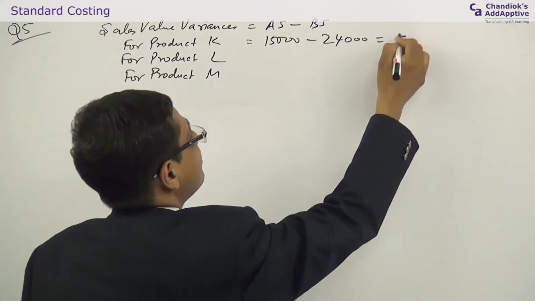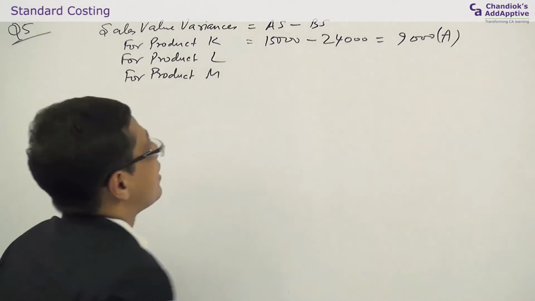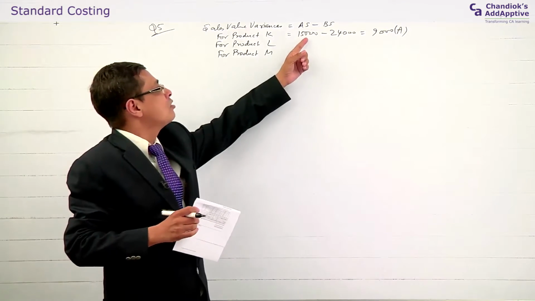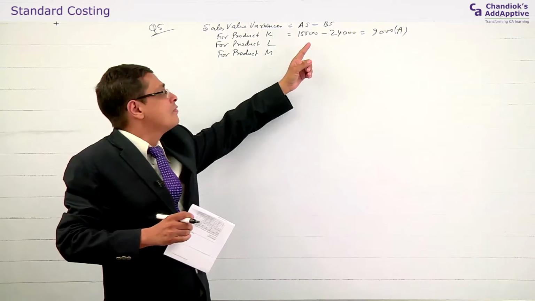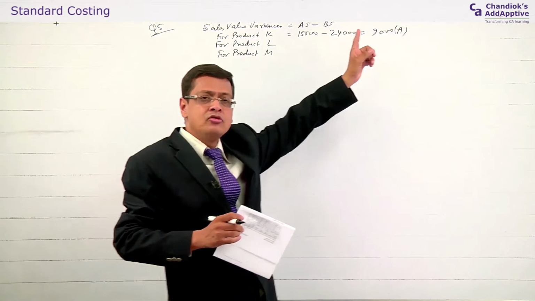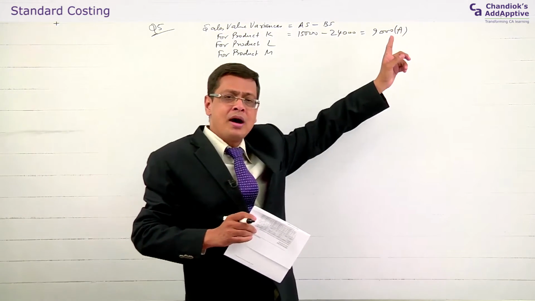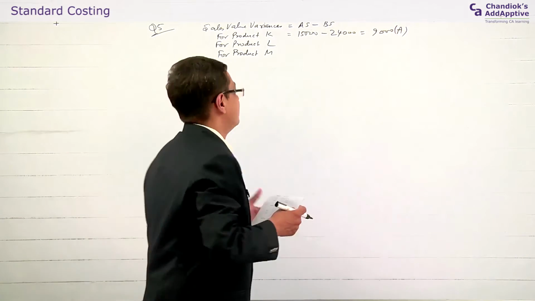If you see the chart, this is 9,000 adverse. Why? Because 15,000 you have sold, you were required to sell 24,000, therefore you have not sold up to the mark, therefore adverse, 9,000 adverse.